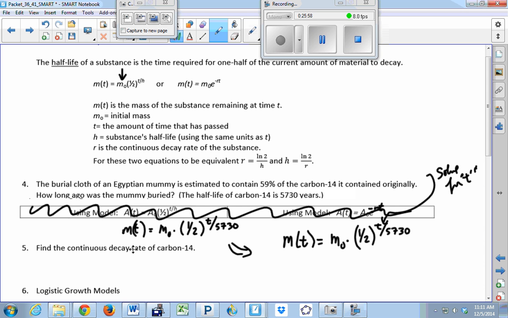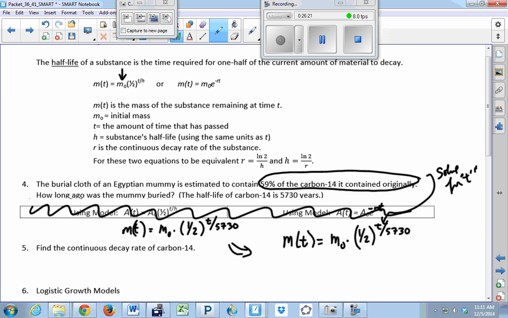So you've got to somehow use this information to help you solve this equation. This is probably the first time you see one of these problems, and this is the hardest part of the problem. It's just figuring out how to use 59% of the carbon-14 it originally contained and what to do with that.